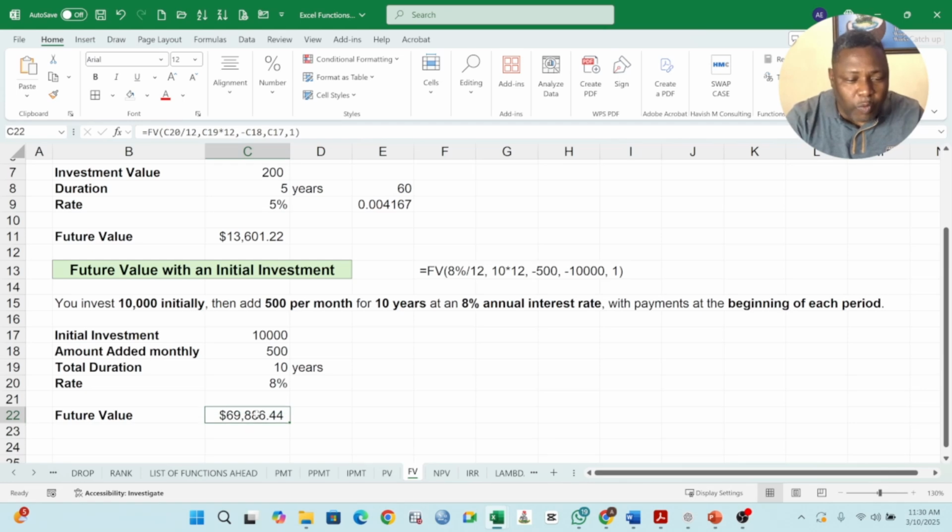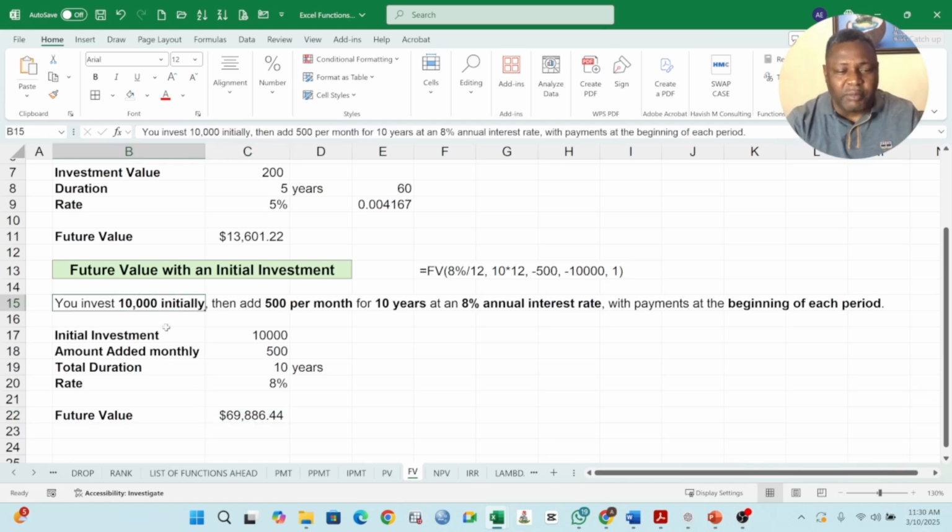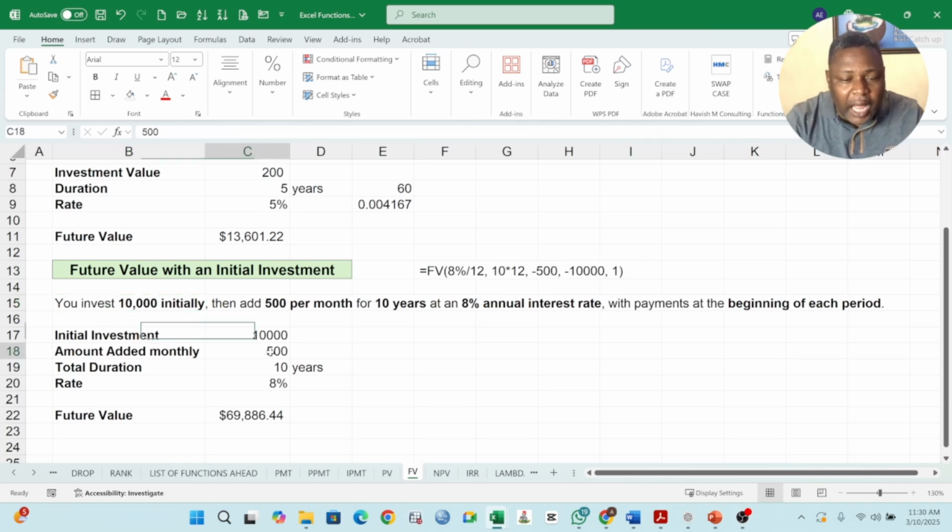So this is what your future value will be, with this initial investment and adding this per month for 10 years at this annual interest rate. So that means interest rate added. Okay, not discount, but interest rate added.